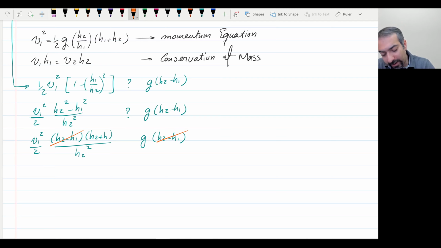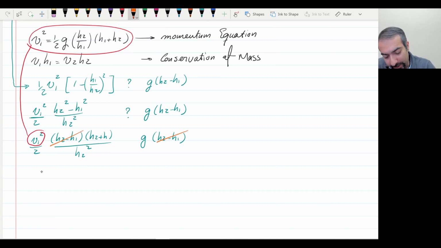Next, I'm going to substitute v1 squared from this expression, and let's see what we get. So I have g over 2 times h2 over h1 times h1 plus h2, and this is v1 squared, and then the rest, there's going to be another 2 in the denominator. There is h2 plus h1, that one is missing here.